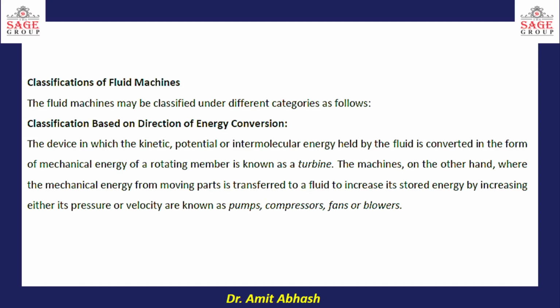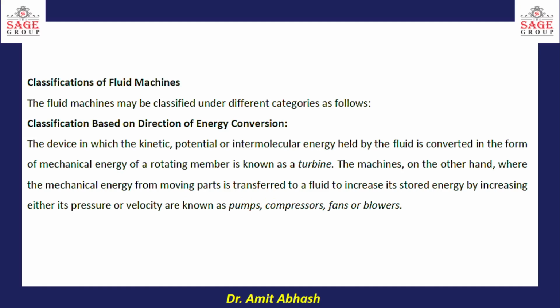Now the classification of fluid machines. Fluid machines may be classified under different categories. The first one is classification based on direction of energy conversion, and two types are there.